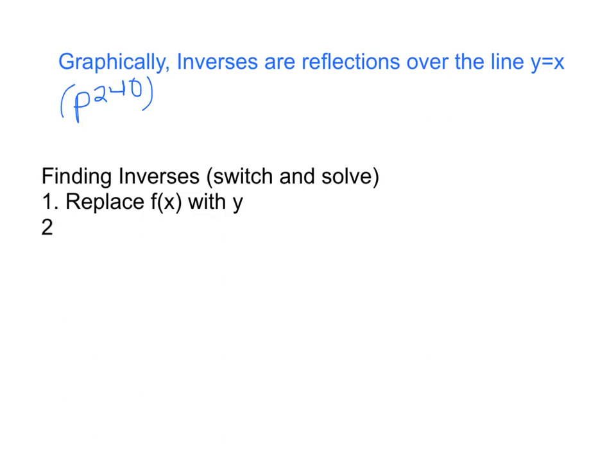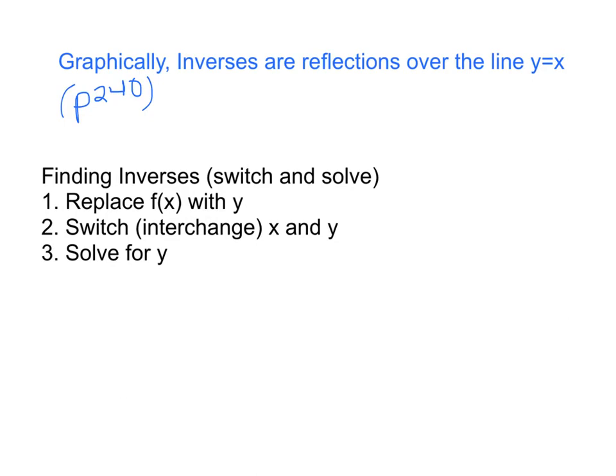The next step is to switch or interchange x and y. Anywhere you saw an x, you put a y. Anywhere you saw a y, you put an x. Then we solve for y.